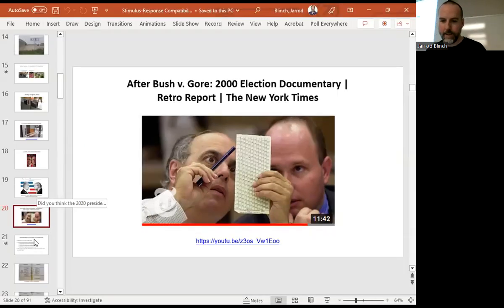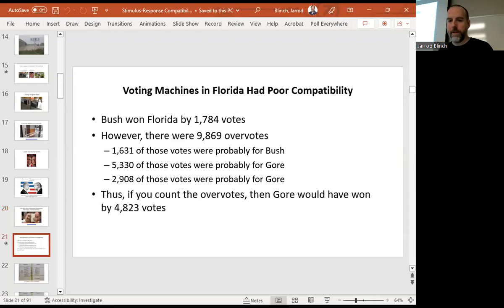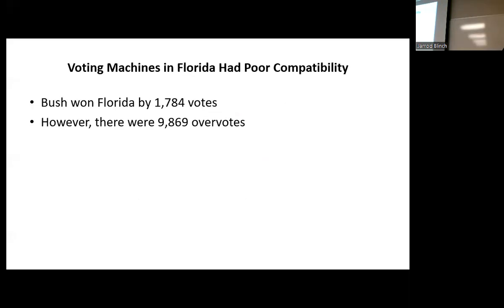So we probably don't need the video here. Let's just look at the most controversial state, which was Florida, and it did come down to whoever won Florida was going to win. So in the end, Bush won Florida by about 2,000 votes. The controversy was that there were 10,000 overvotes. You had to punch one hole in the voting card, and an overvote was when you punch more than one.